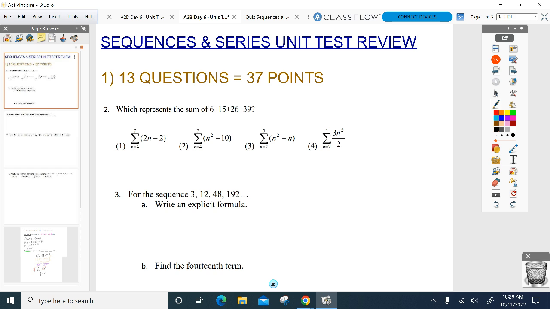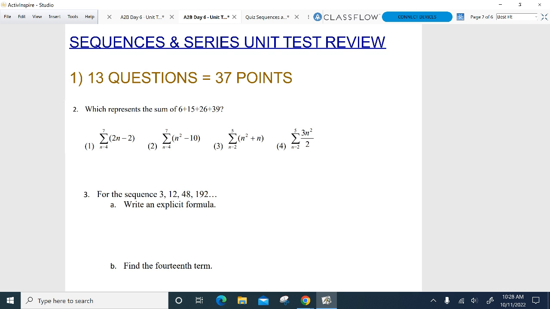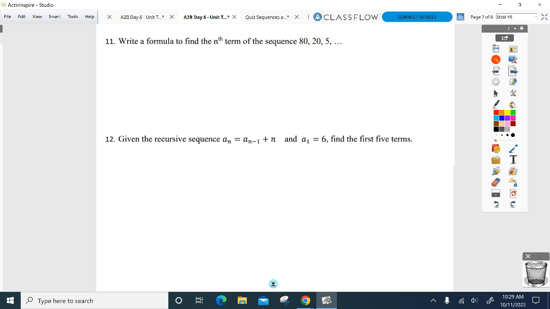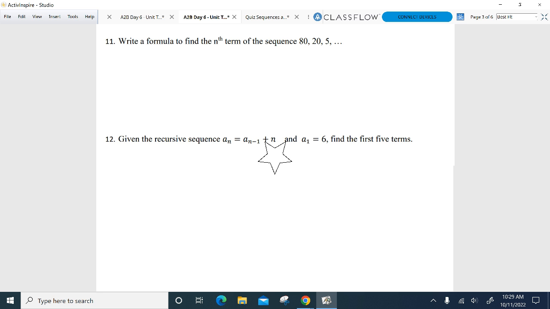2 and 3, star them. Then star 11 and 12 for me. 11, 12, and I think 13.